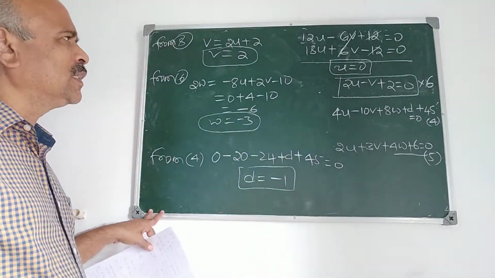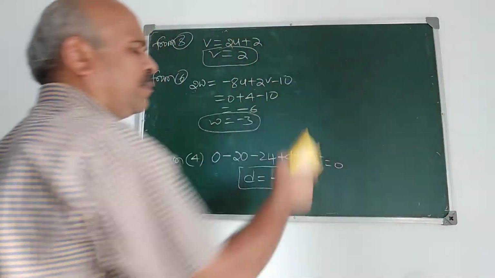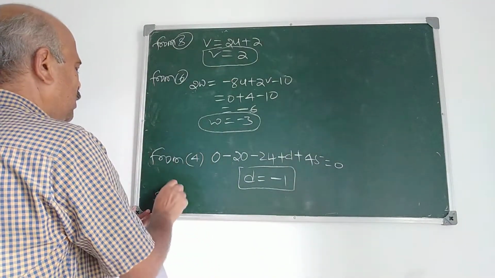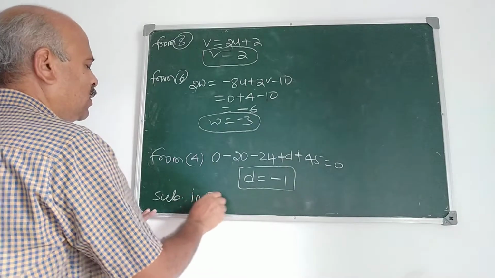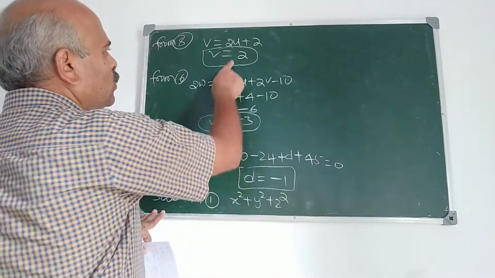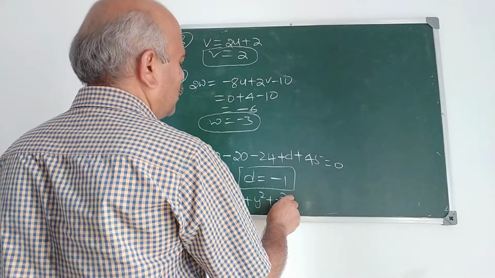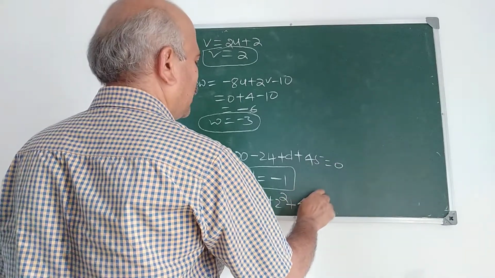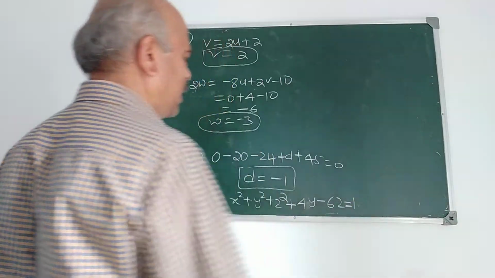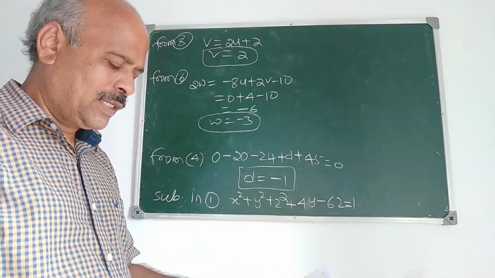Now substituting this in equation 1, because we have assumed equation 1 as the required equation. Substituting in 1, we get x square plus y square plus z square, 2ux is 0, plus 4y minus 6z plus 1 is equal to 0. The answer was given here, and I think we have obtained the same one.